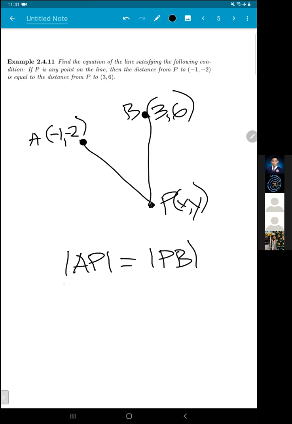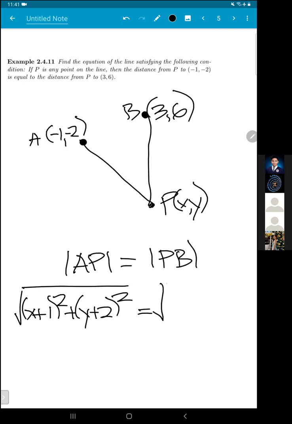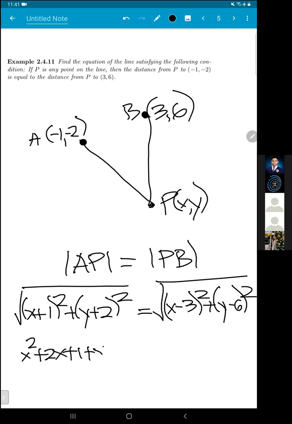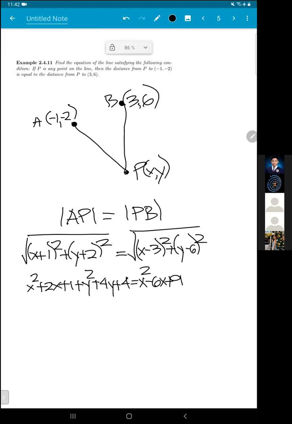So let's compute AP. Distance formula. And then square both sides, expand. Check kung may mali sa calculations.